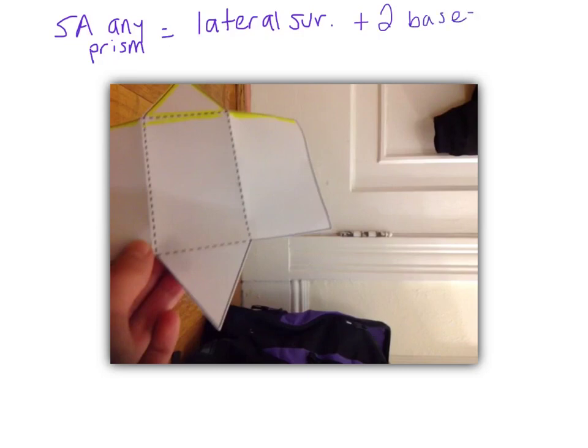So, our formula is that the surface area for any prism is the lateral surface area, which is actually the perimeter of the base, times the height of this prism, plus 2 times the area of the base.